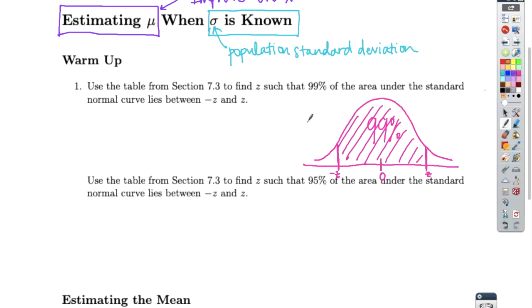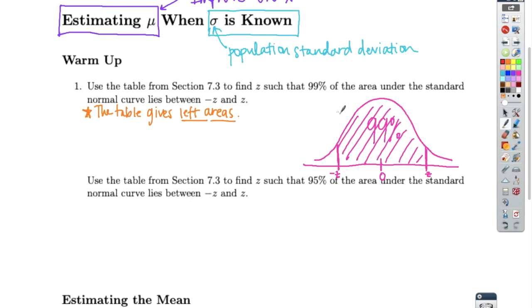So a couple things to remember here. The table that we have gives left areas. Remember, that table always gives us left areas. That's what the z table does. So if there's some way that we can take this picture and translate it into a left area, then that's what we should do. And there's actually multiple ways to do it. So let me do both ways.